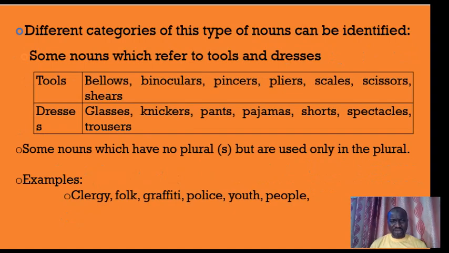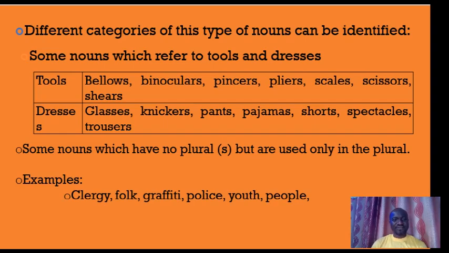The next thing we have to look at is the different categories of this type of nouns. Some nouns refer to tools and dresses. Those in the form of tools are bellows, binoculars, pincers, pliers, scales, scissors, and shears.